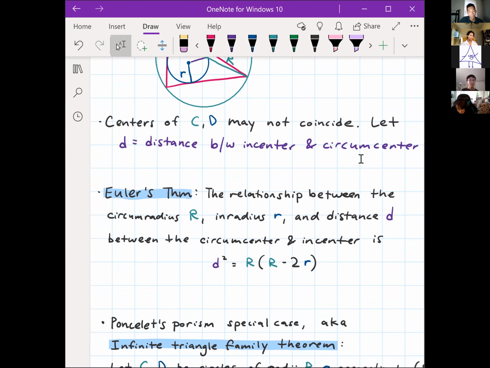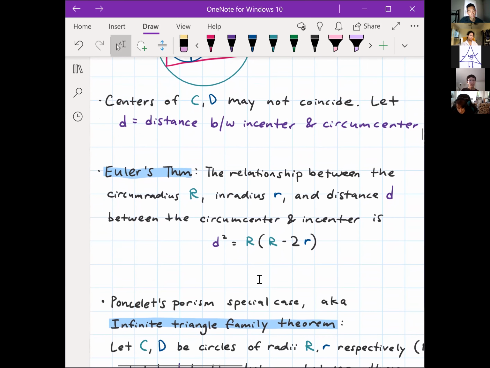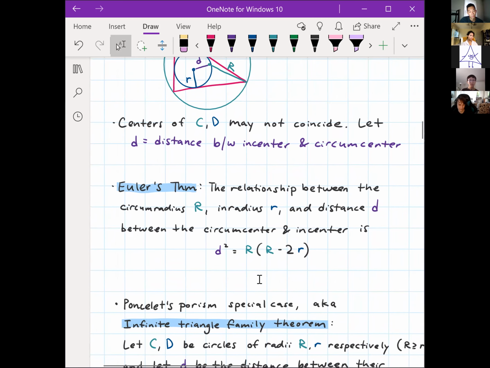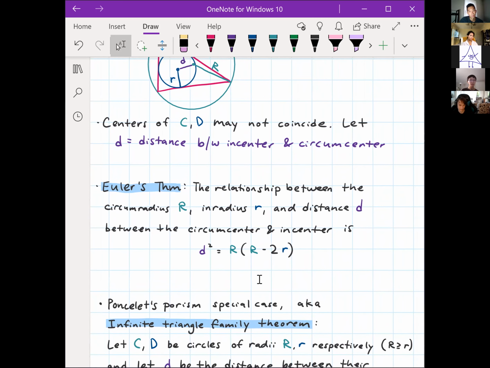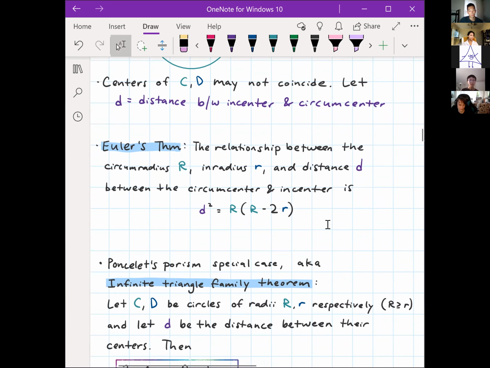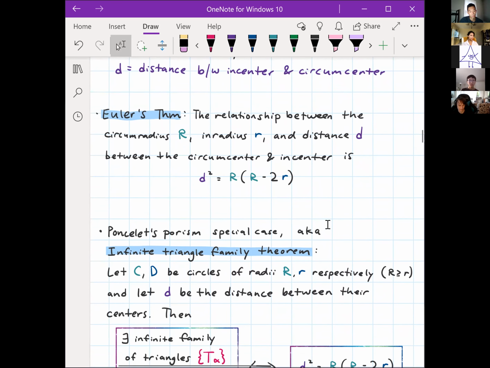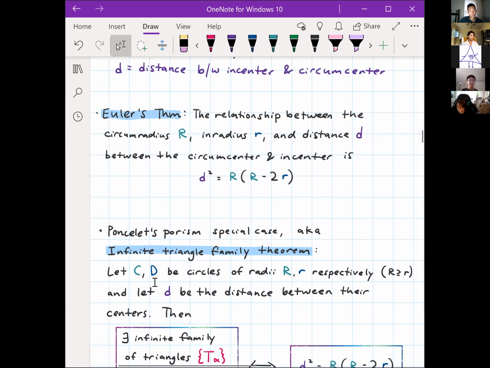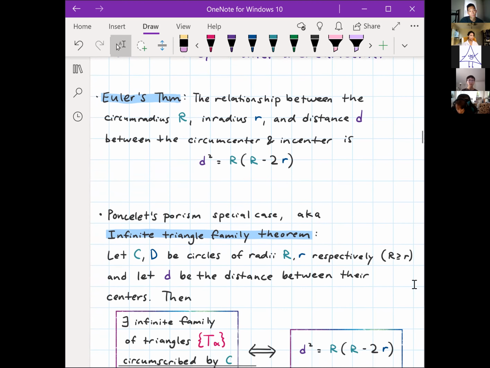Okay, so now we can reformulate our theorem in this special case. I'm just going to call it our infinite triangle family theorem. Now if we have C and D being circles of radii big R and little r respectively, and without loss of generality, let's take big R to be greater than or equal to little r.